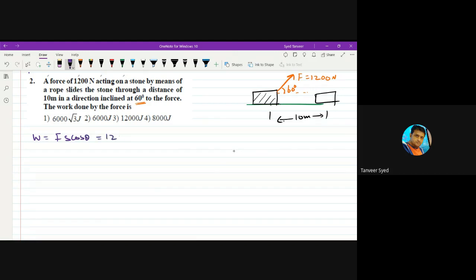F is 1200, displacement 10, cos 60 is 1 by 2. So 1200 into 10 into 1 by 2. The 2 ones, 2 fives, 6,000. 6,000 joule.